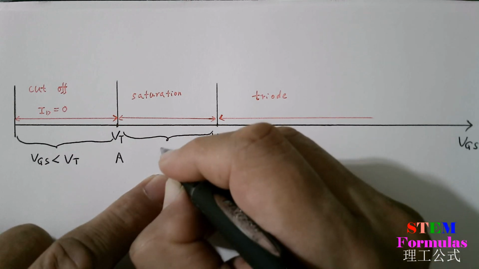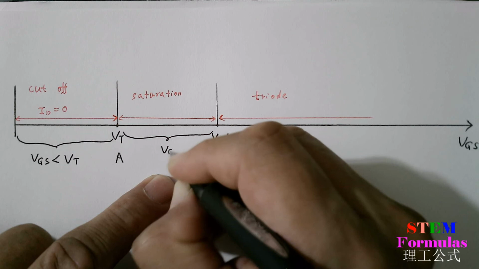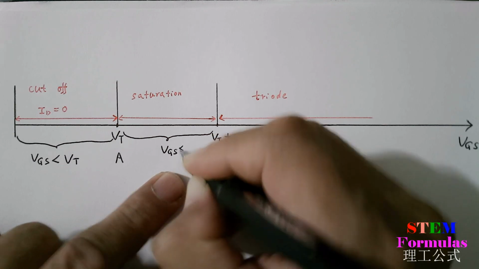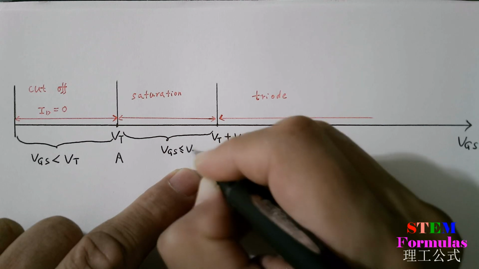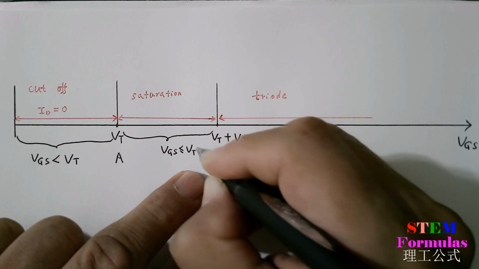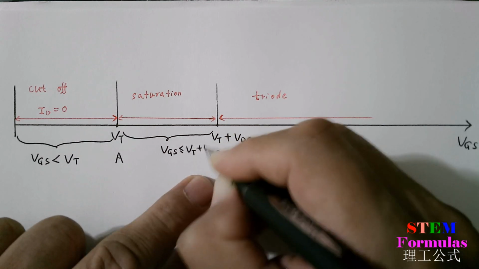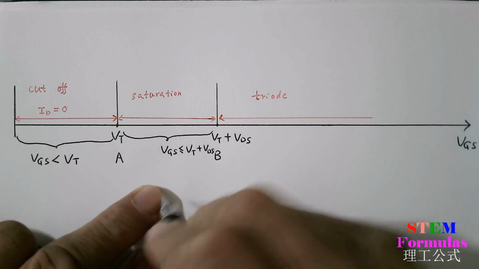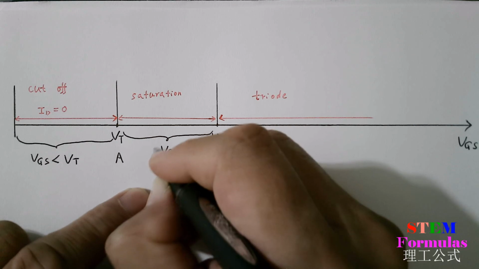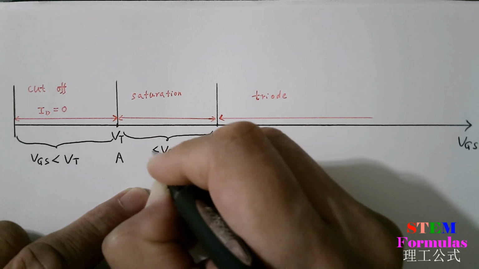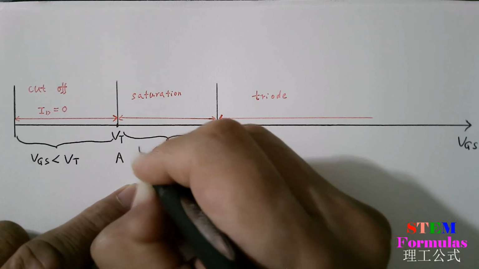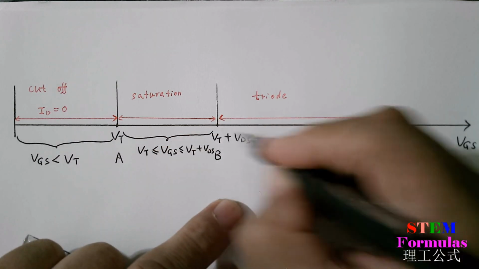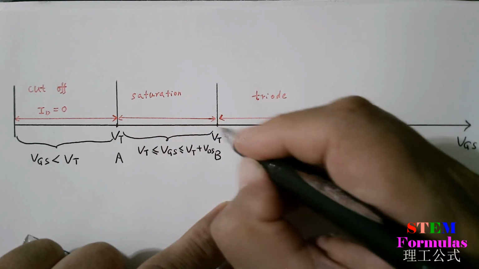So VGS is smaller than VT plus VDS and bigger or equal to VT.